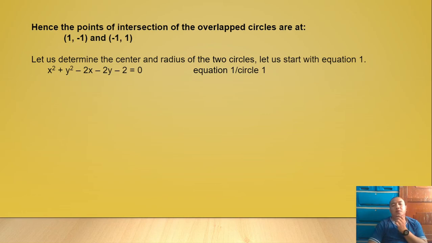Now, let us determine the center and radius of the two circles. Let's start with equation 1: x squared plus y squared minus 2x minus 2y minus 2 equals 0. This is our equation 1.